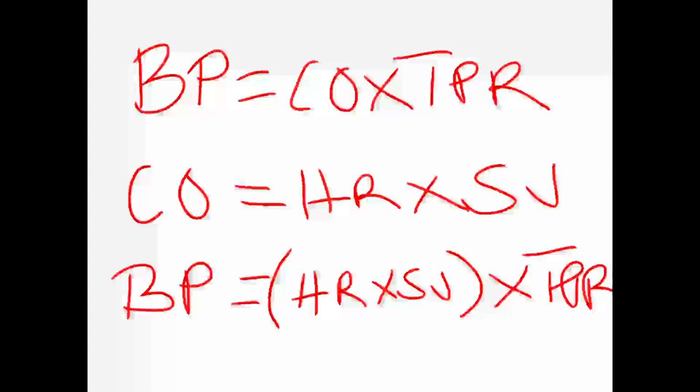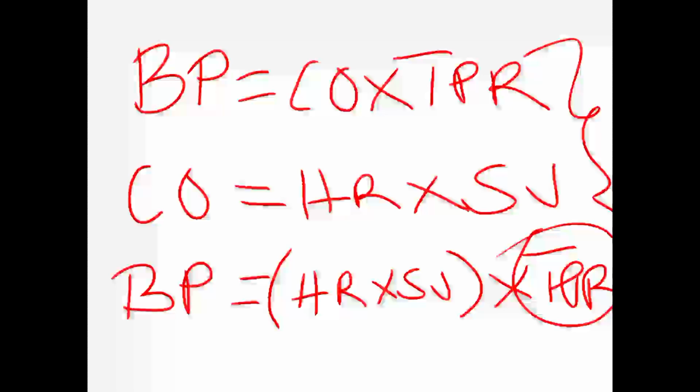So what does this say? This equation says blood pressure rises when the heart rate and the stroke volume increase, or the blood vessels constrict, which is the total peripheral resistance. So it tells us about the relationship of blood pressure with all these parameters.